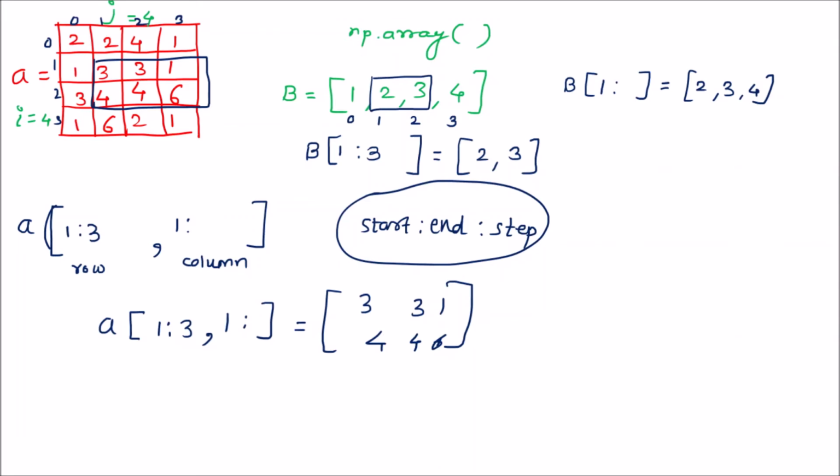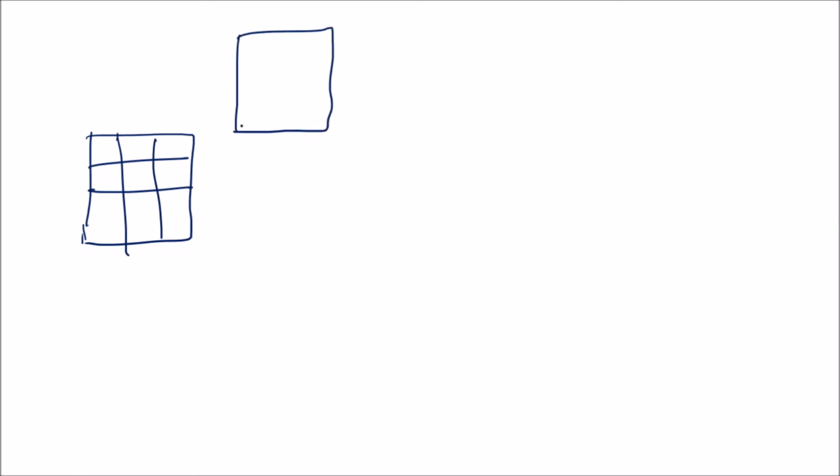Even in the case of a three dimensional array, suppose this is one frame, 3 by 3, and this is another frame. So I is equal to 0 here, I is equal to 1, and it has j rows and k columns. So here are k 3, j 3, and I is 0 and 1.